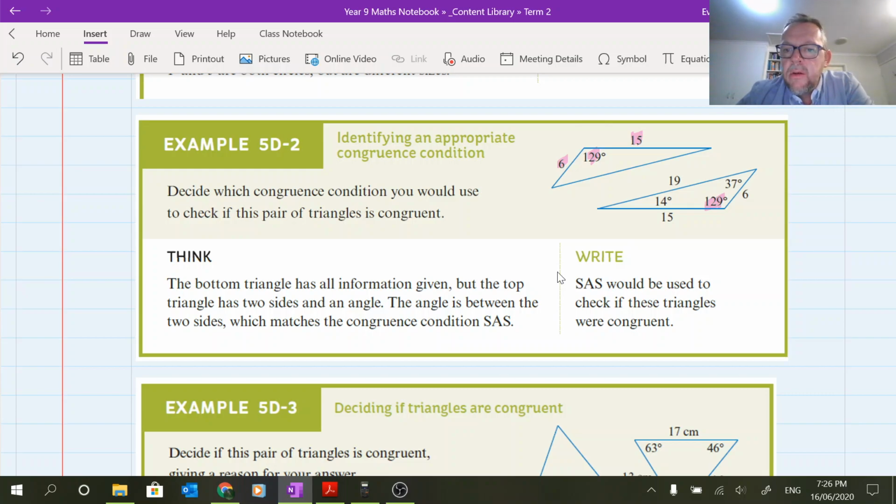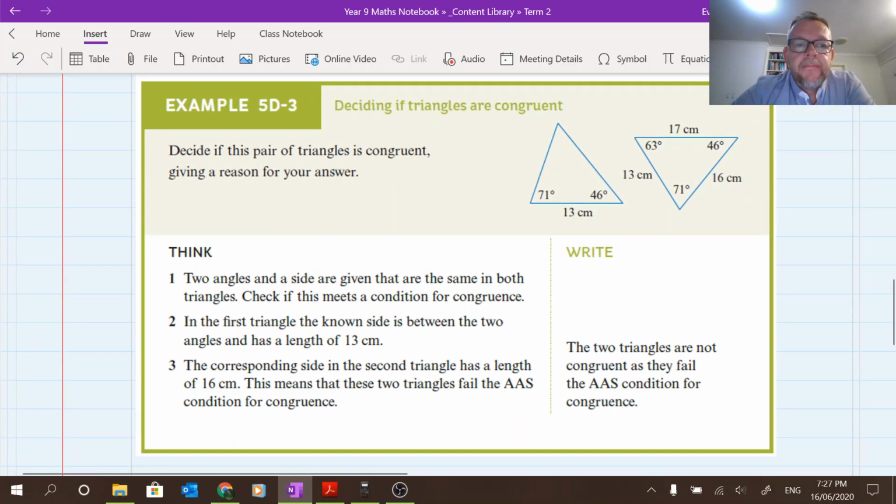Now, if I look at that, the shortest side is 6. Yes, that's corresponding with the 6. And is the 15 corresponding with the 15? Yes. So I can see that I have 2 sides and an angle that are the same. So I can say that, yes, these 2 triangles are congruent with each other, and the condition is SAS. And that's the working that you would write as well.